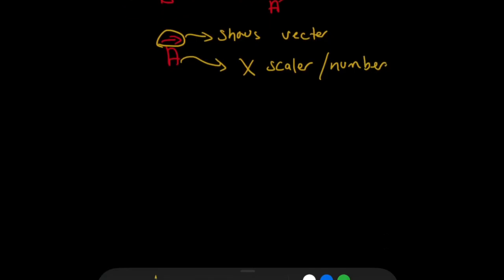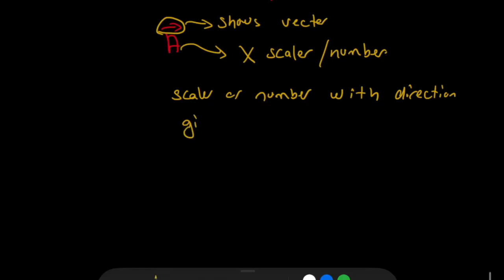Also, you can actually make it very easily: a scalar or number with direction gives you a vector.